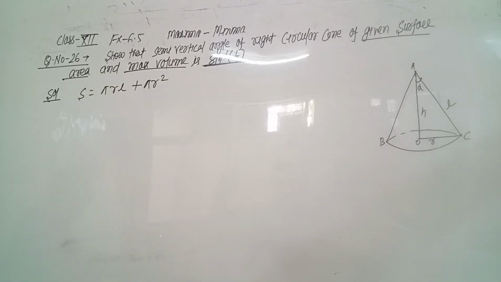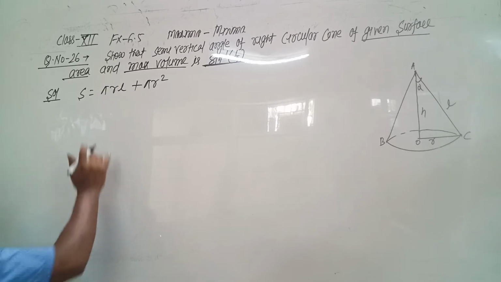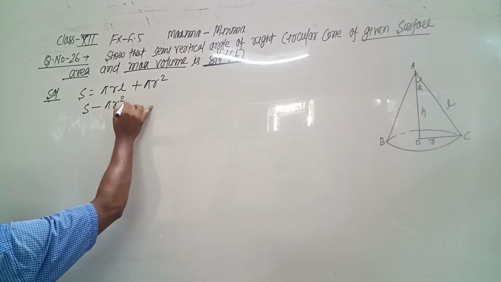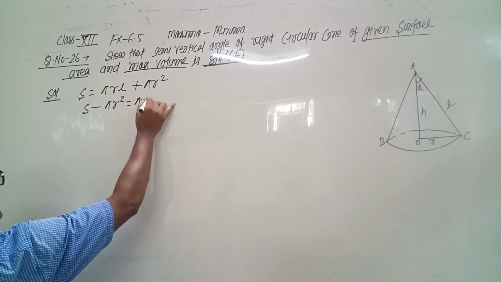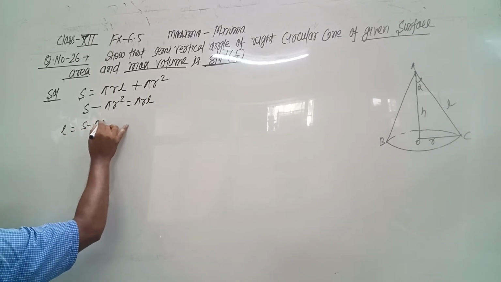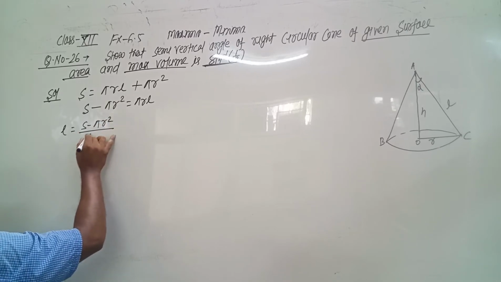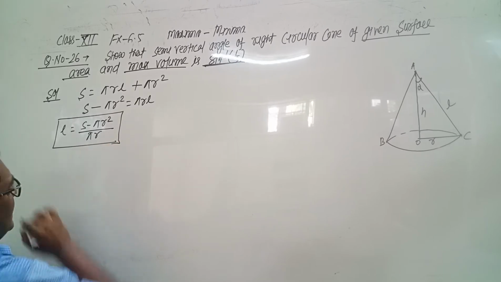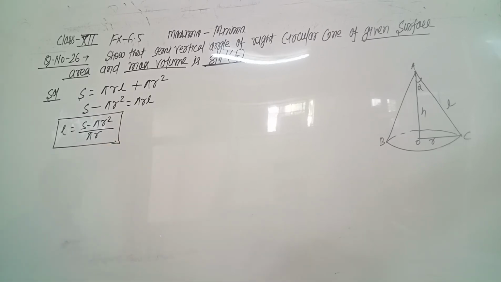Now we eliminate L. So S minus pi r square equals pi r L, and L equals (S minus pi r square) upon pi r. We eliminate L, the slant height, and then we have to find the maximum volume.